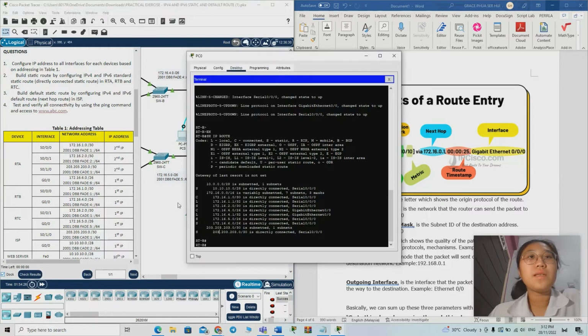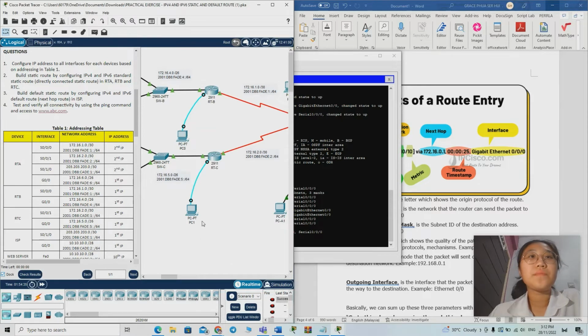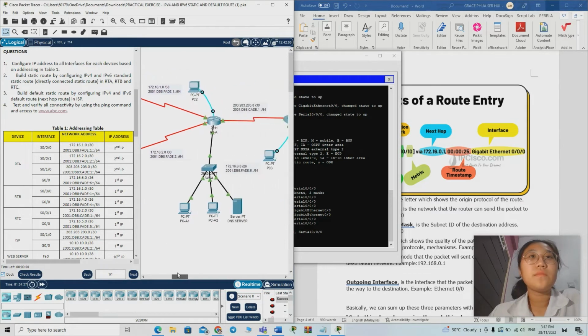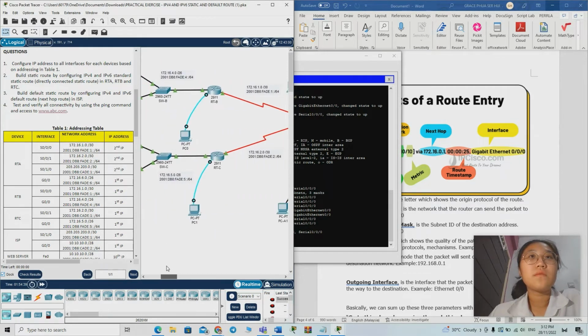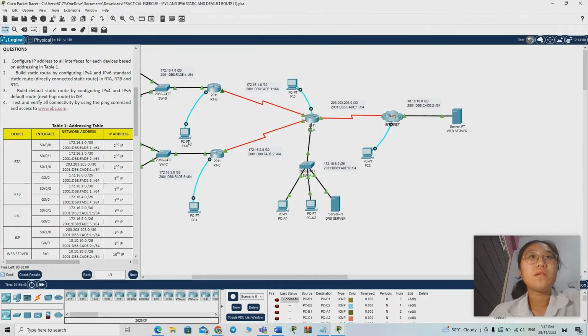The networks are set as static, and it's using the same outgoing interface for RTB.